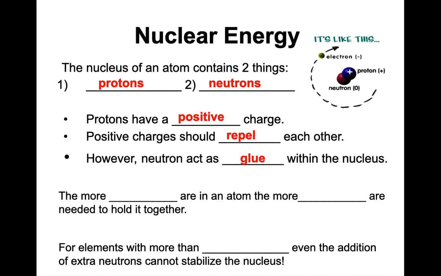And so chemistry is focused on the electrons. But here, when we're talking about nuclear energy, we're talking about changes happening in the nucleus, emitting alpha particles and beta particles. Nuclear energy, hence the name, focuses on changes happening in the nucleus.